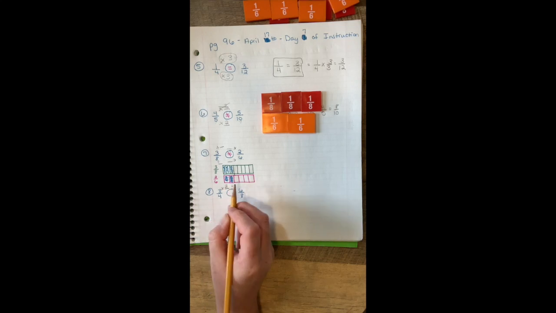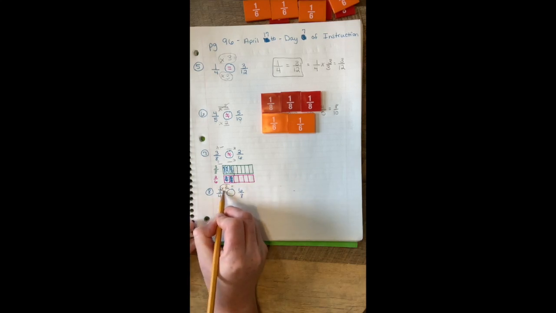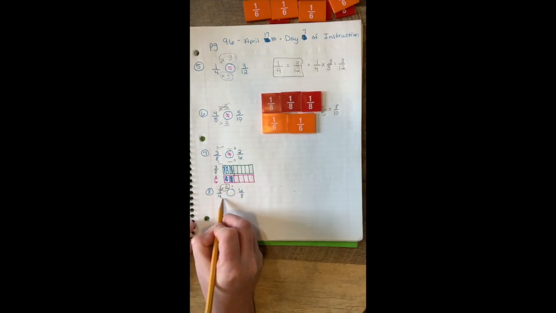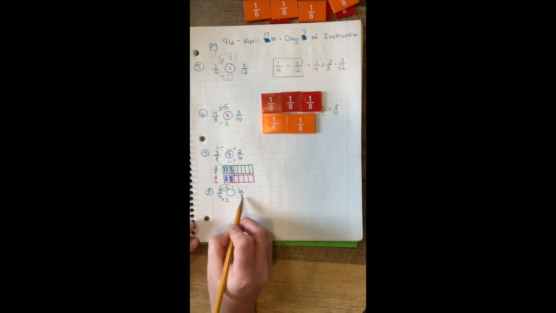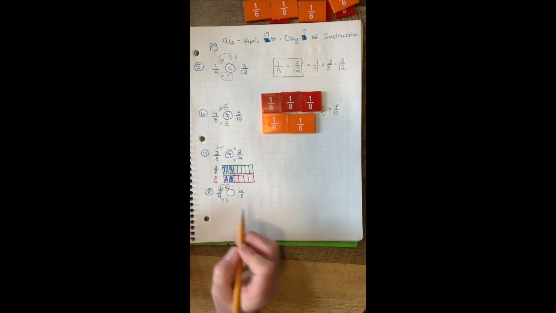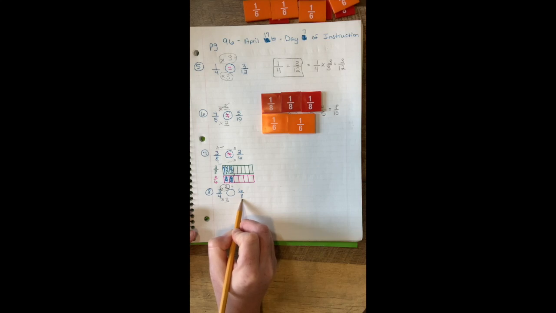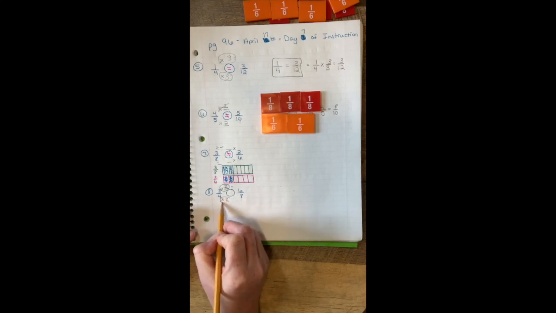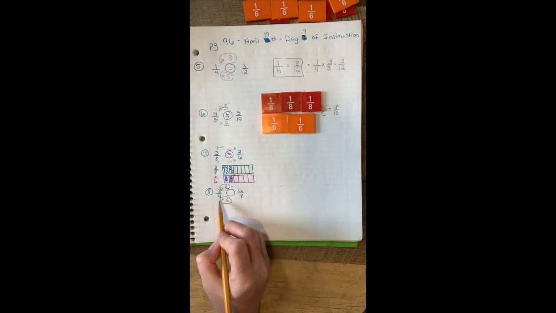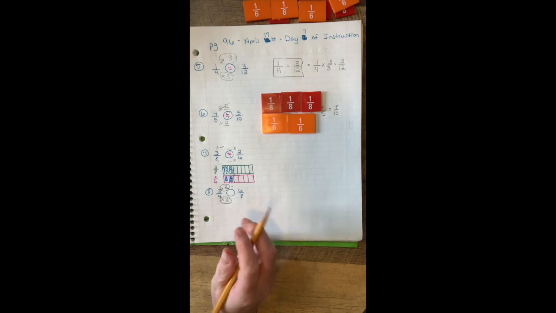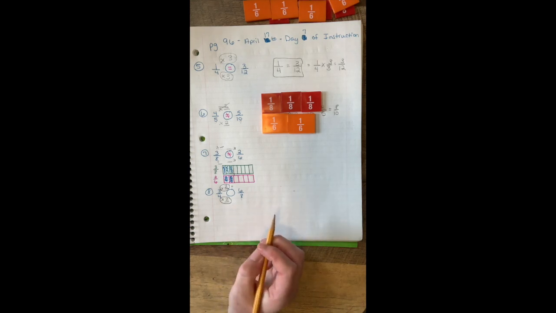So then I have to ask myself, if I say times 2 up here, I have to say times 2 down here. And if this is true, then they are equivalent. Is 4 times 2 equal to 8? Well, yes, it is. So that must mean that 3/4 is equivalent to 6/8.